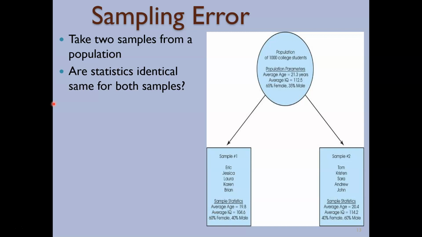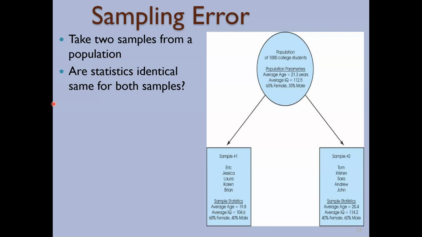So that's actually good. How about the average IQ? The average IQ of the college kids is about 112. Sample 1 is way below, about 104. Sample 2 is slightly above average. So although samples 1 and 2 are comparable in terms of average age, they are not comparable in terms of their IQ.